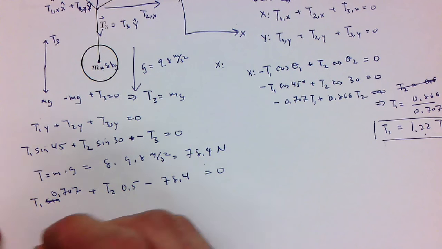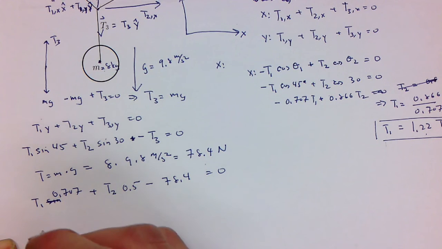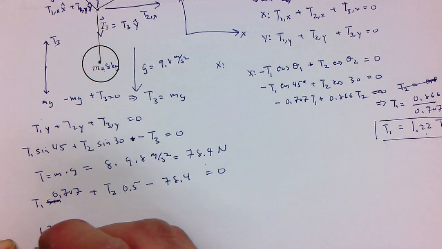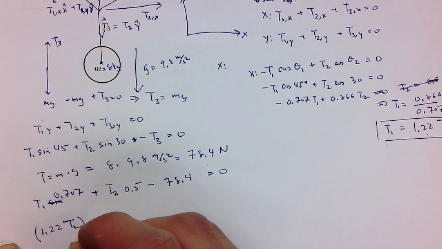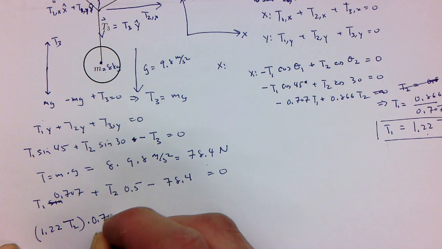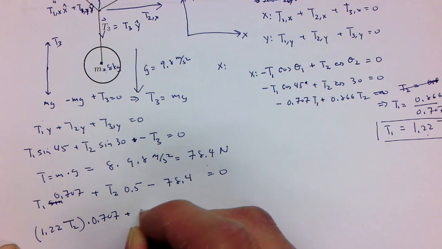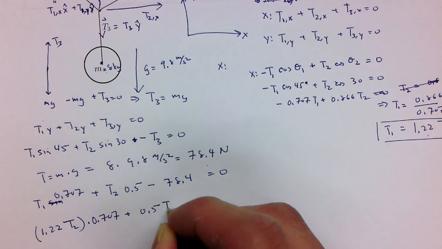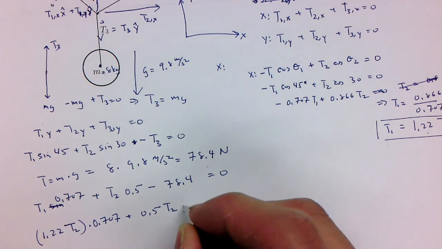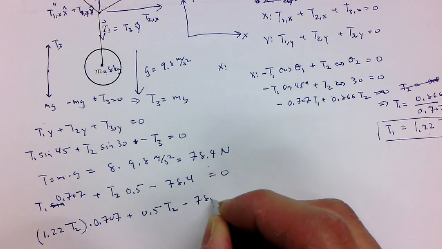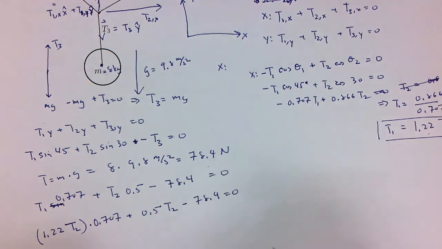Right. So this is going to be equal to 1.22 of T2 times 0.707, plus 0.5 T2, minus 78.4 is equal to 0.